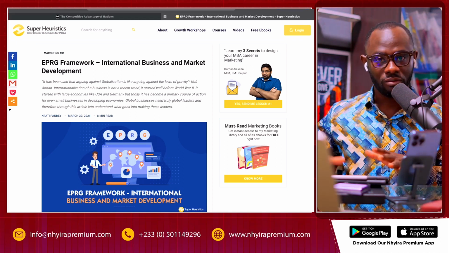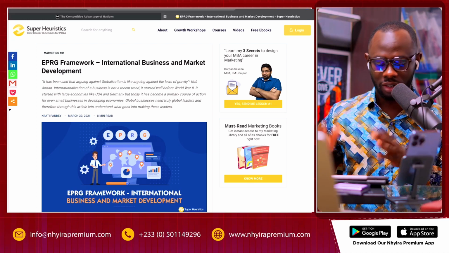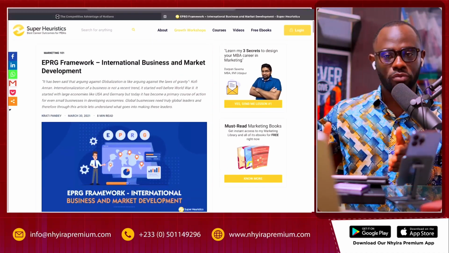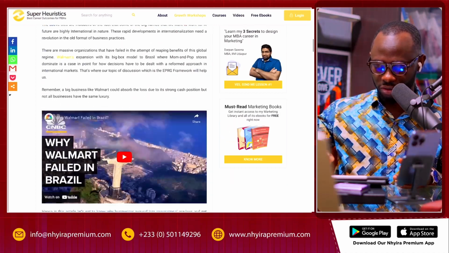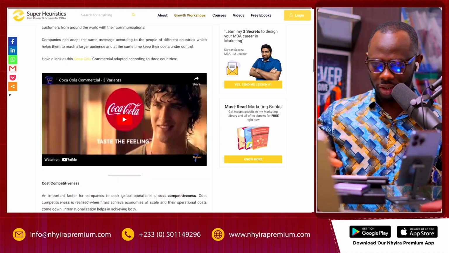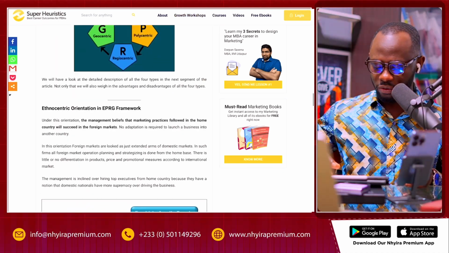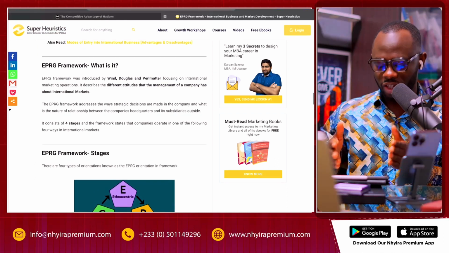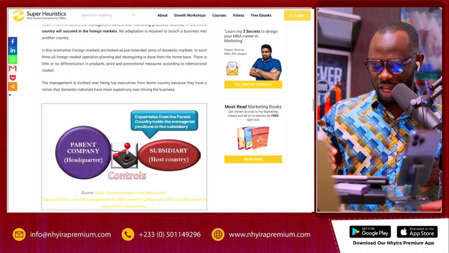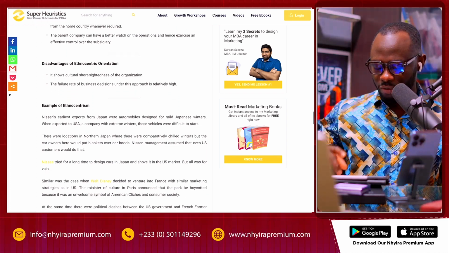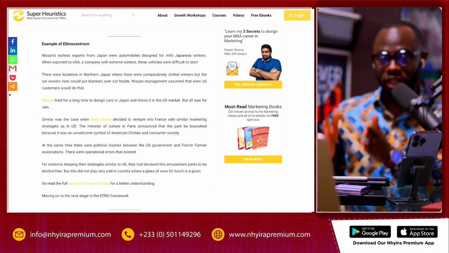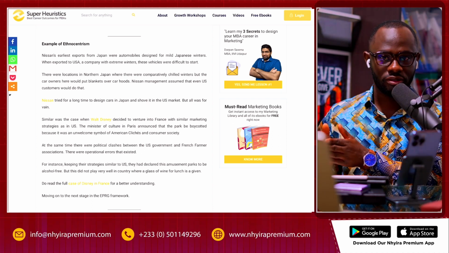So they have a lot of information here that can help you in that particular case. A lot of articles on these models. So EPRG. They explain the various issues. They talk about reasons why companies must even go global. But where you want to be excited about is the framework itself. And they spoke about how the frameworks are, each of them. But the most important thing is examples of how the framework is used by companies.